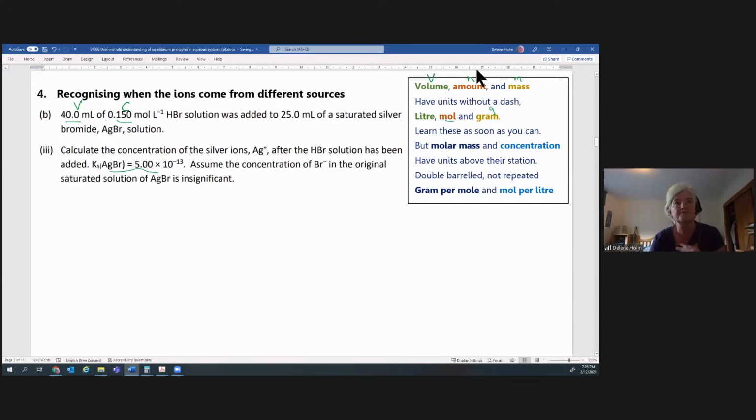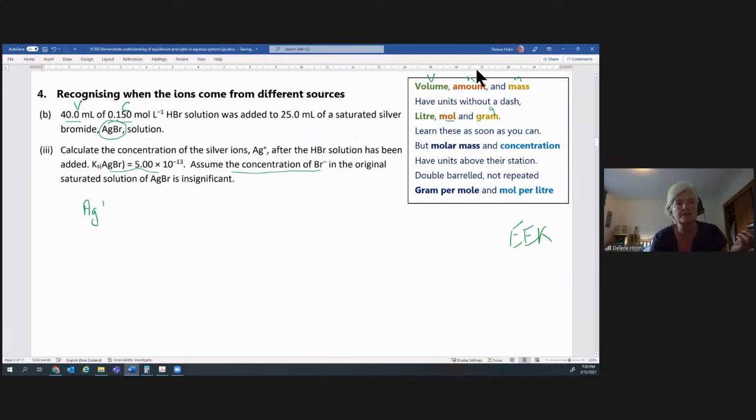Okay, so this is the intro, and I am told to assume that the concentration of Br minus is insignificant. So remember my EQ method: you always start with the equation, and you go, what equation? Well, what are you given? You are given silver bromide. That is your insoluble substance.